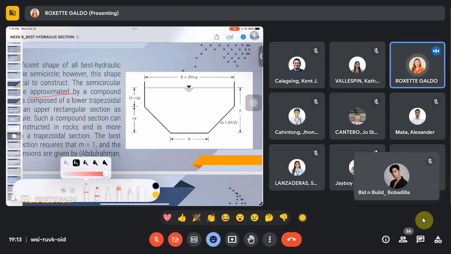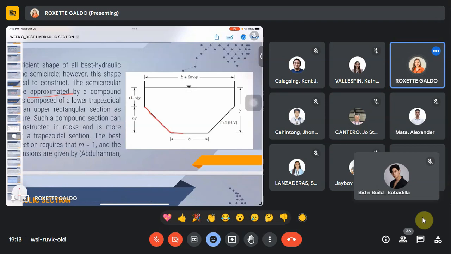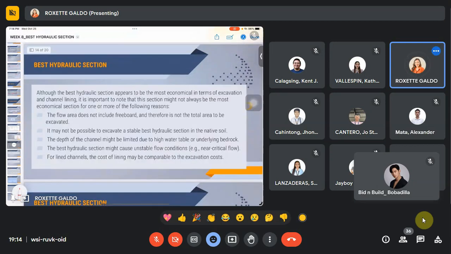Instead, you're going to have half trapezoid to mimic the curved bottom part of the semicircle, and then you're going to add na dayon the vertical sides, which can be considered as a rectangle. So the upper part is rectangular and the bottom part is trapezoidal. So, kung gusto gid mo siya i-push nga dapat gid siya semicircle or duol-duol sa semicircle, okay, that is how you are going to do it.